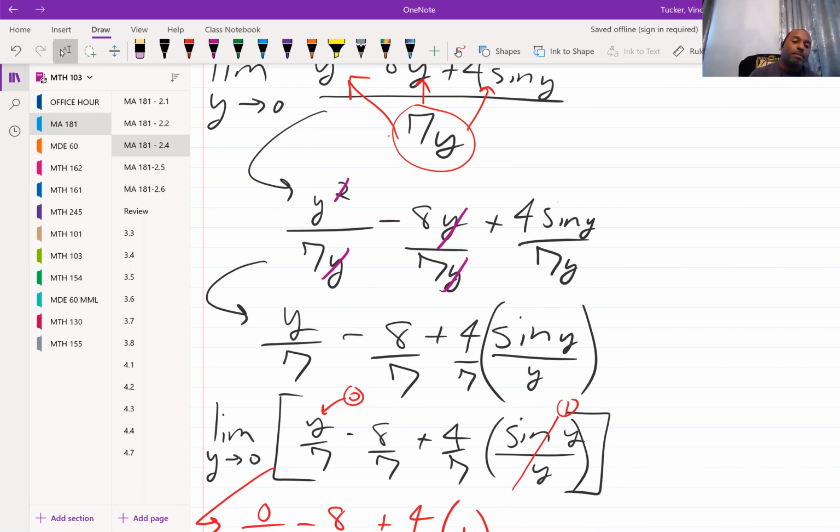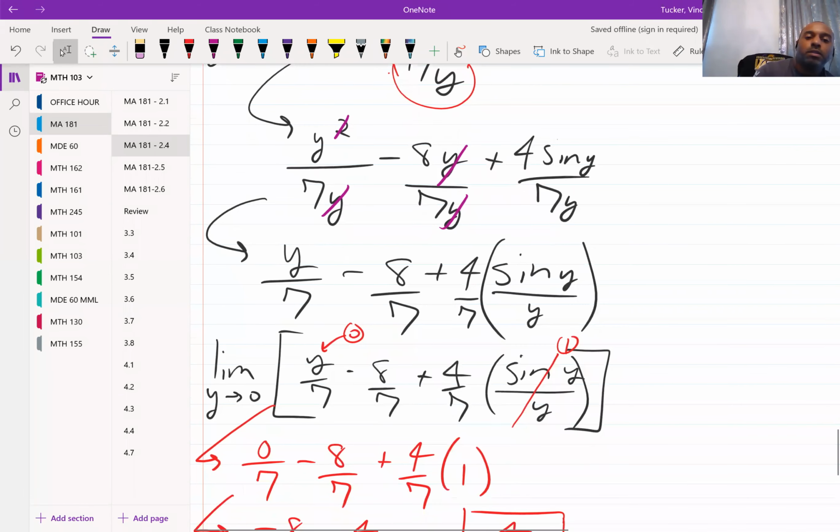So now if we apply the limit as y goes to 0, we're going to plug in 0 for y. There's going to be 0 over 7, which will be 0. Nothing we can do with that. There's just going to be negative 8/7.